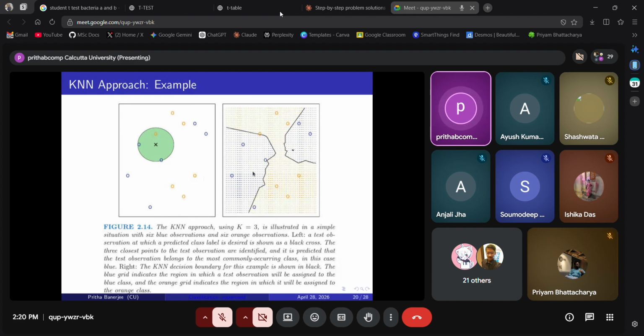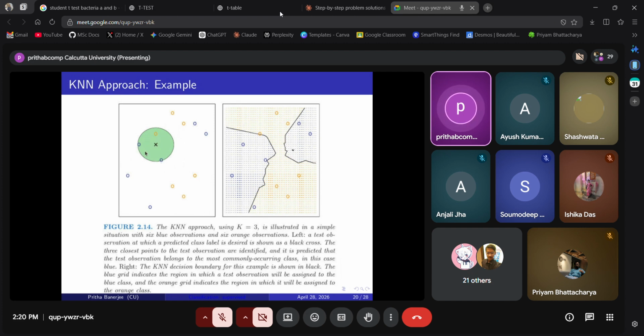Okay, so here let's look at an example about this KNN approach. In this diagram on the left hand side, the k value is taken to be 3. That means for a particular given unknown point x, we are looking at 3 neighbors using some metric.